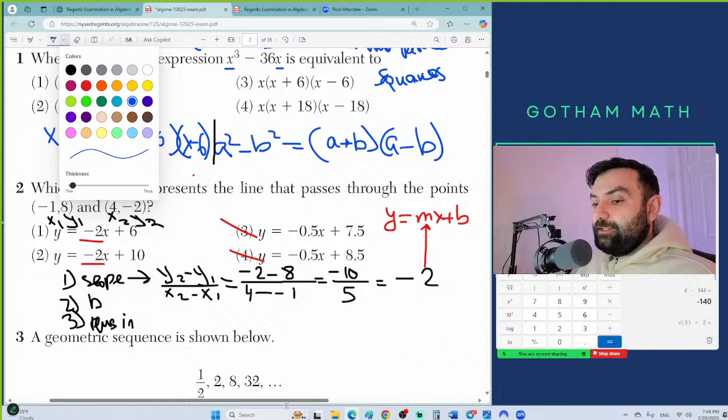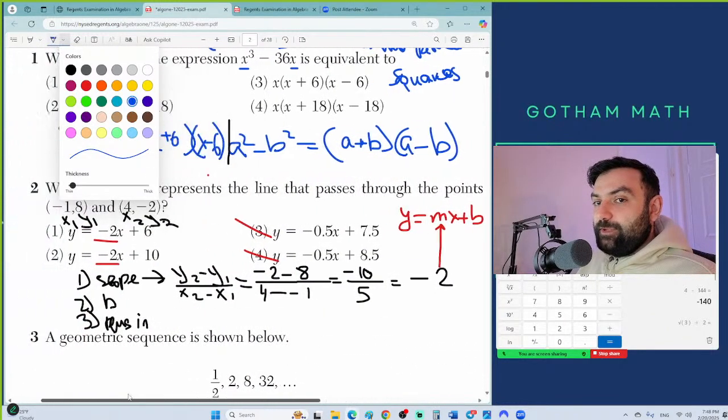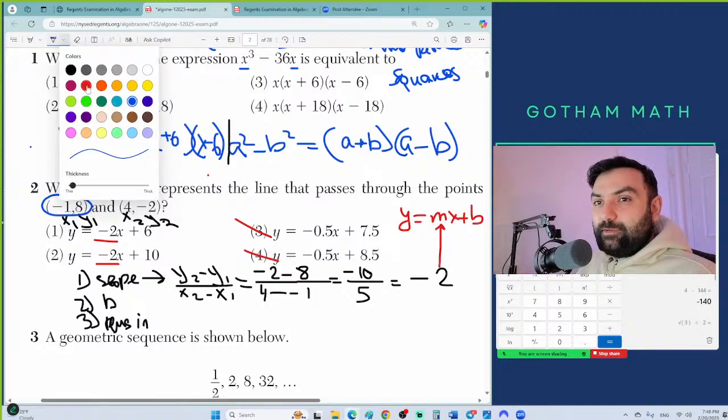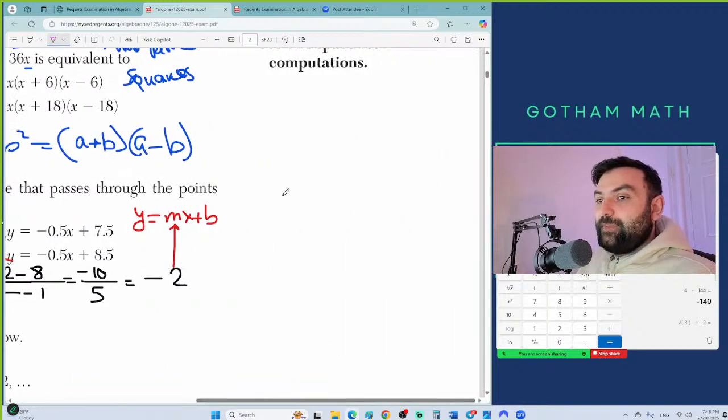We're going to plug into y equals mx plus b one of the points that we have. Which one of the points? Let's say I'm going to use a different color, pink. Okay, so one of our points is -1, 8.